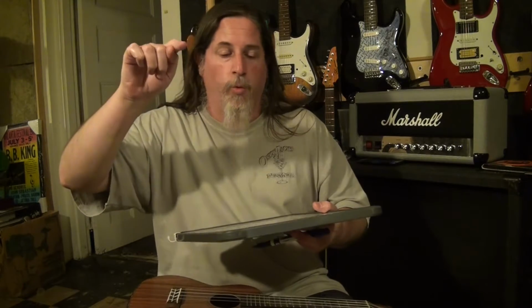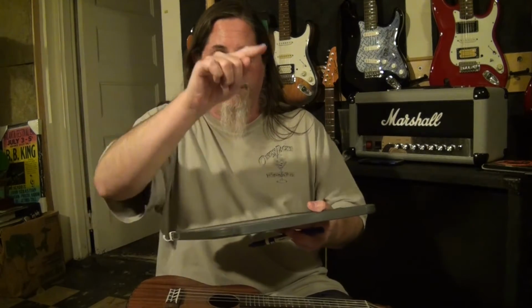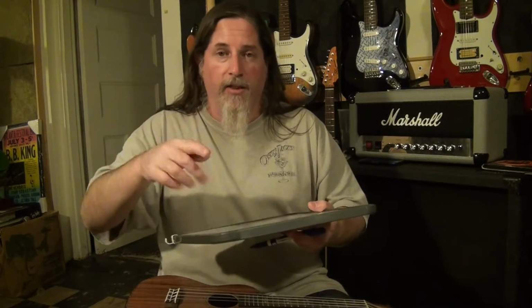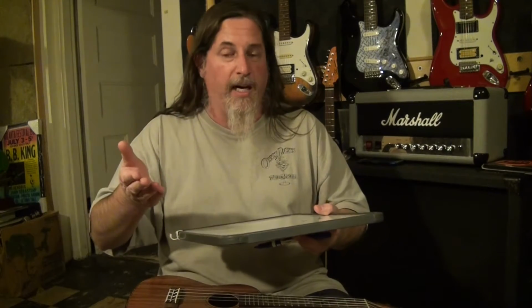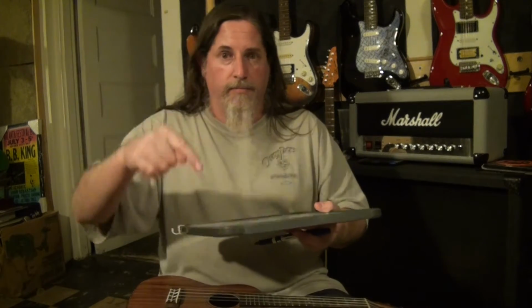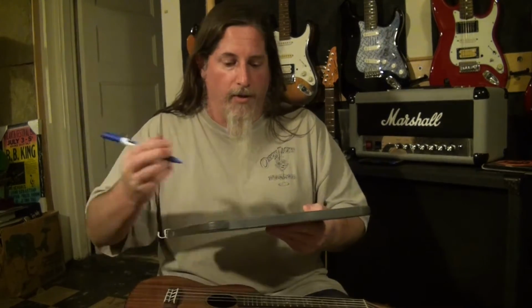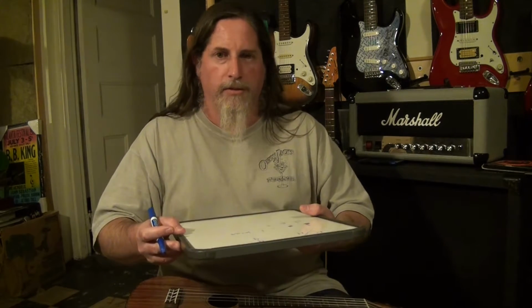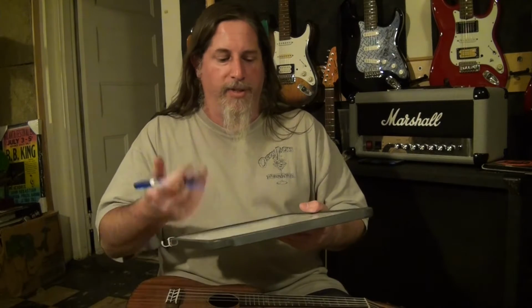If each one, 1, 2, 3, 4, is a quarter, then 2 of them together is a half of a pie. So how many beats does a half of a pie get? 2. Or how many quarter pieces is in a half of a pie? 2. Then how many beats does a half note get? 2 beats.